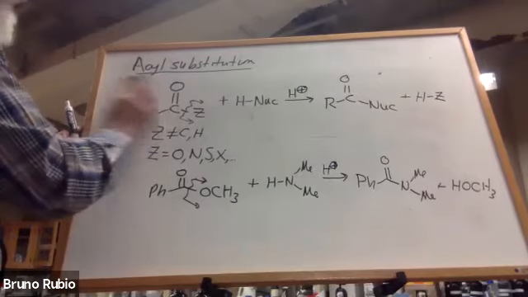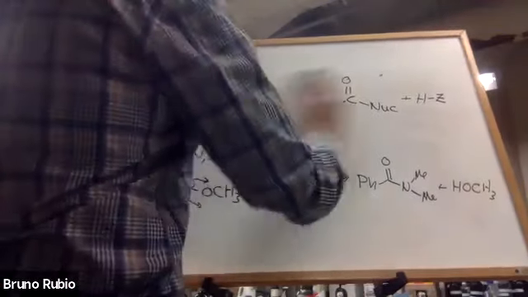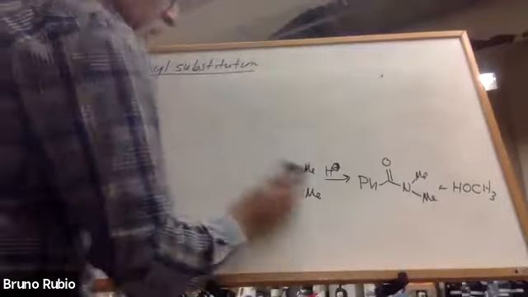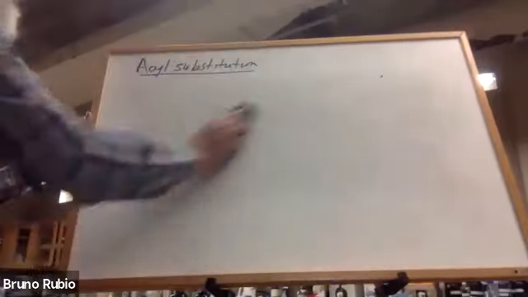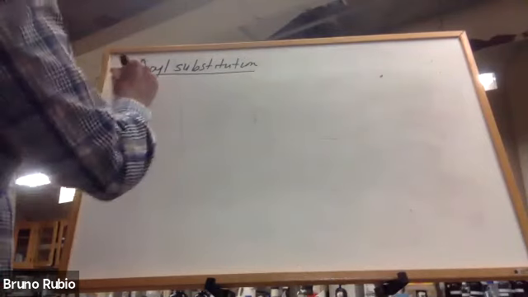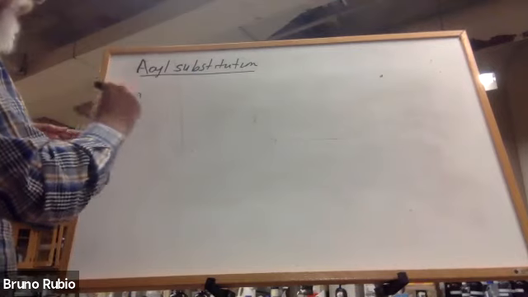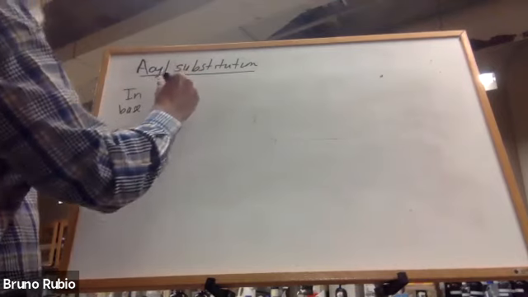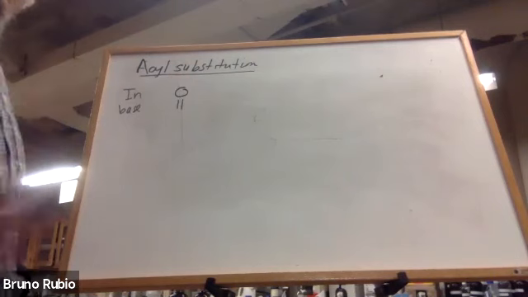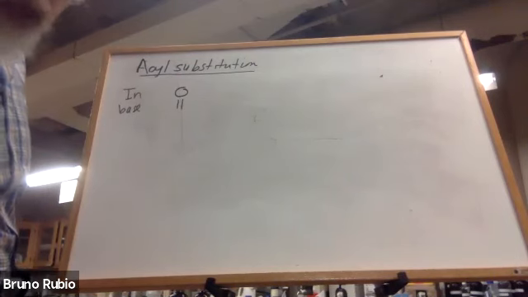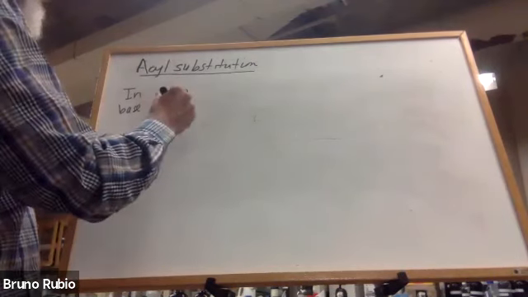All right, last time we also introduced, in a superficial way, acyl substitution under basic conditions. And this is a little bit or a lot more complicated. Once again, you're looking for the carbonyl compound, where the carbonyl carbon is bonded to something that's not carbon and not hydrogen.